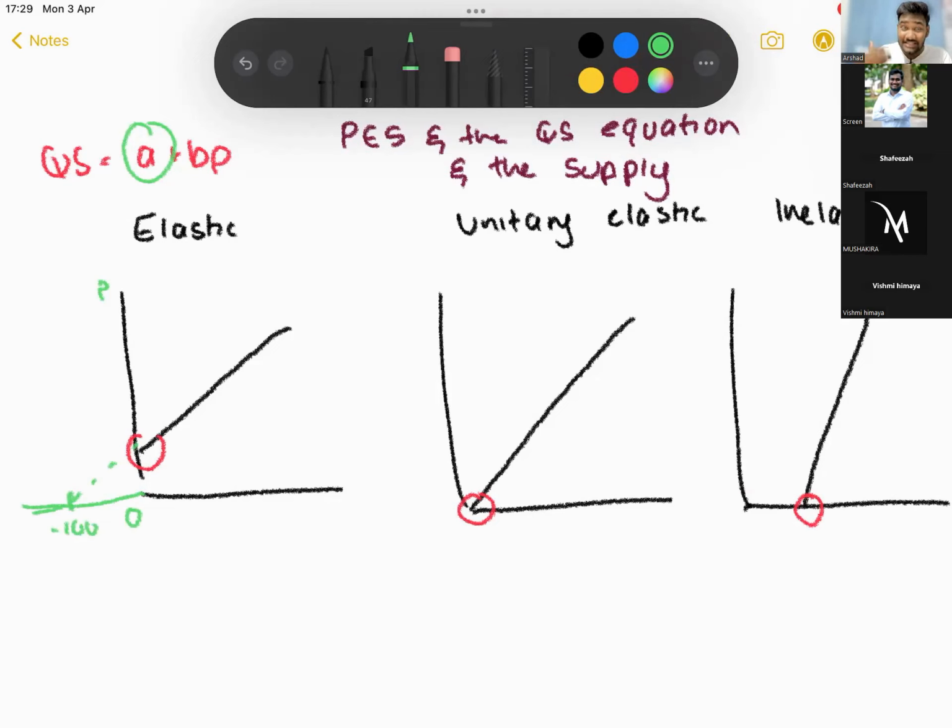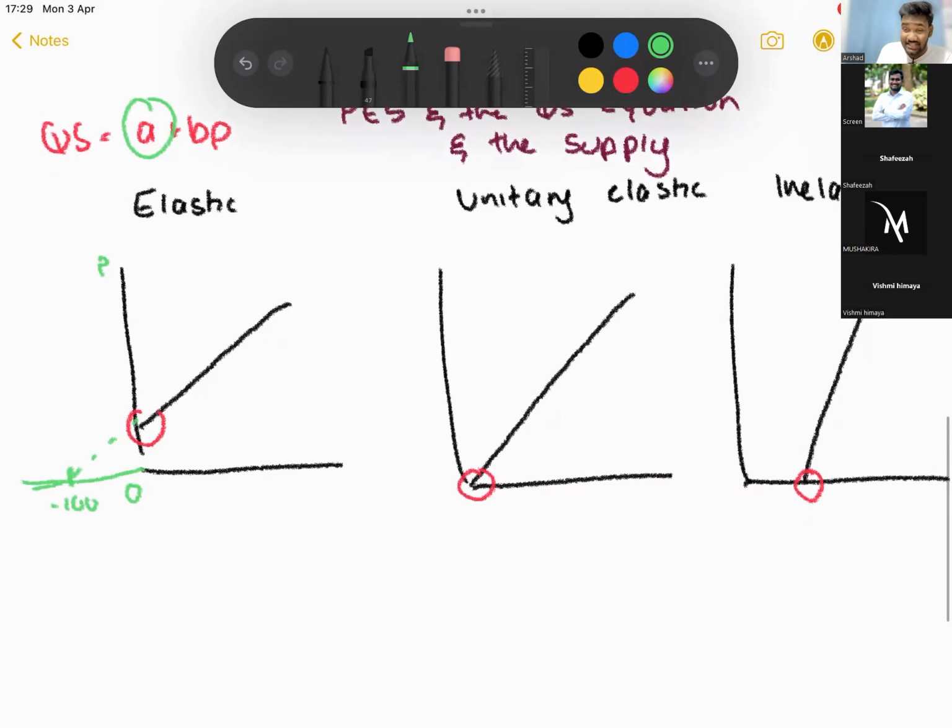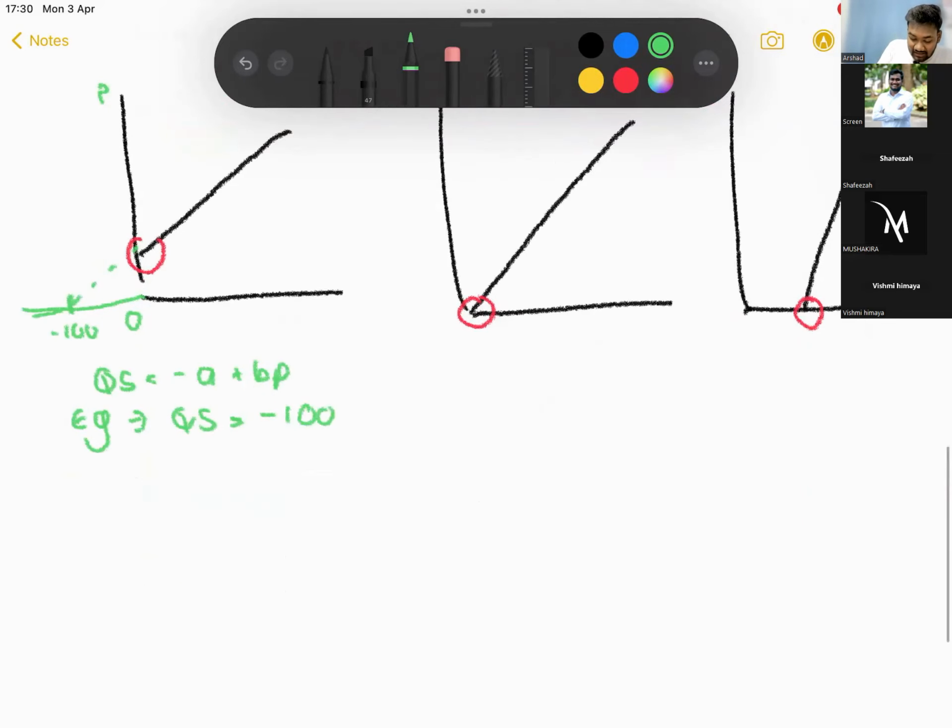So how will your supply equation look? Your supply equation will have a negative A component. So it's going to be like QS equals minus A plus BP. If I'm to give an example, you can say QS equals minus 100 plus 5P.